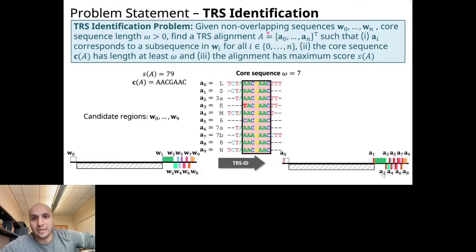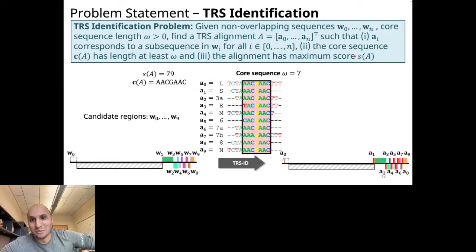The task is to find a TRS alignment such that each sequence in the alignment is a subsequence of the corresponding candidate region, the core sequence has length at least omega, and the alignment has maximum score. That's the problem we want to solve.